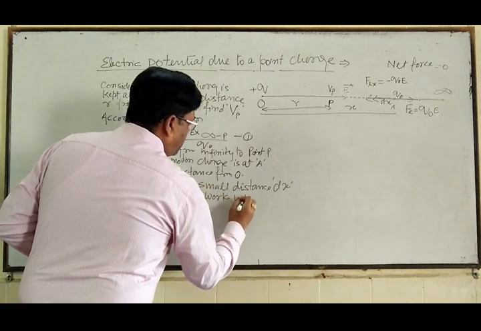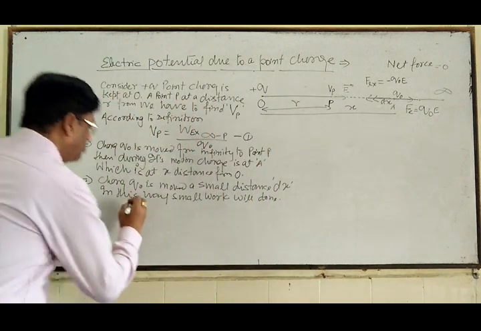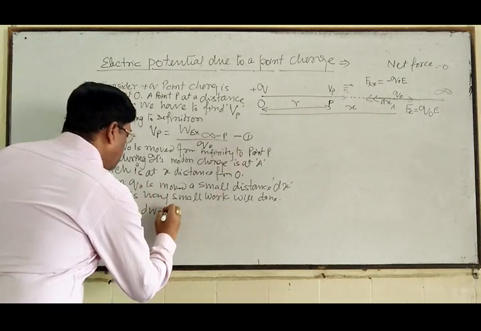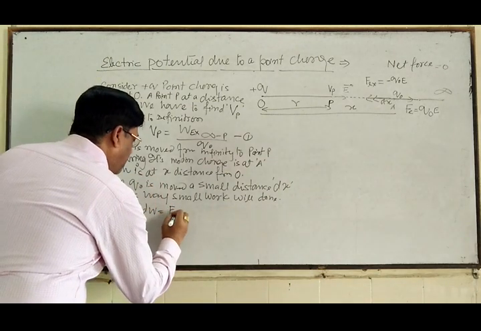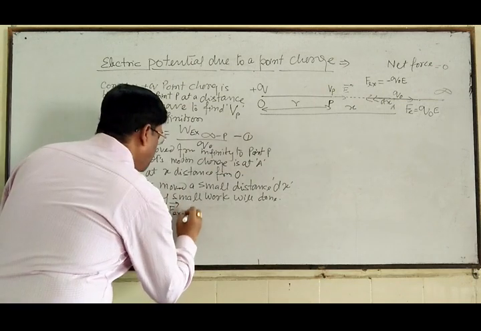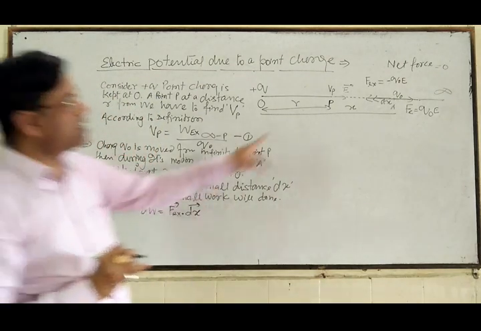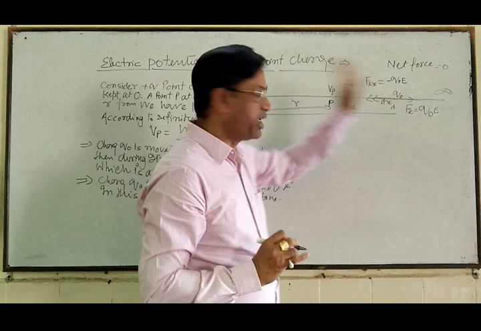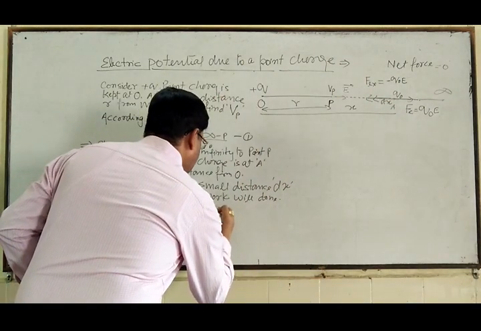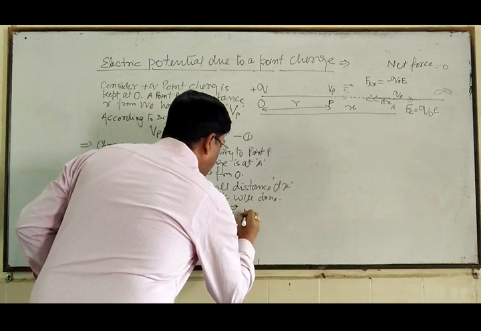Small work will be done. Then small work will be dW equal to F external dot dx, and you know F external is, that is, Q equal to minus Q naught E. Then it is equal to Q naught E dot dx.